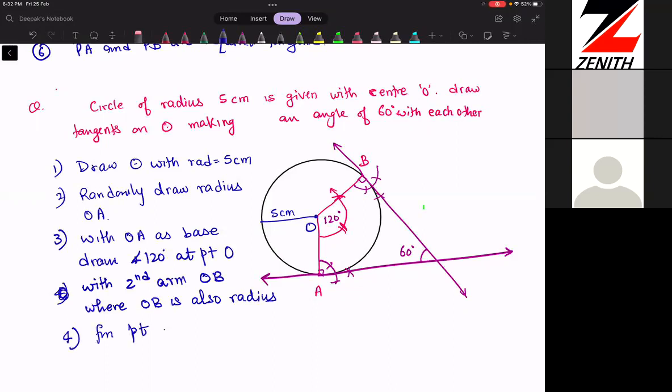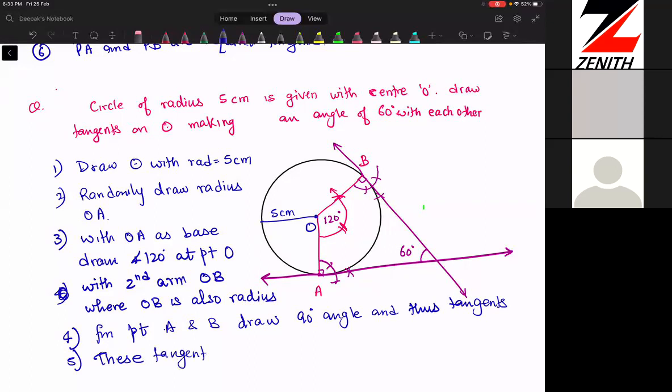From points A and B, draw a 90 degree angle, and thus tangents. These tangents will make an angle of 60 degrees with each other.